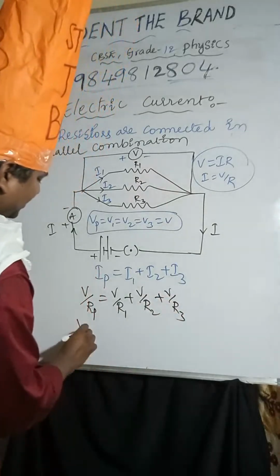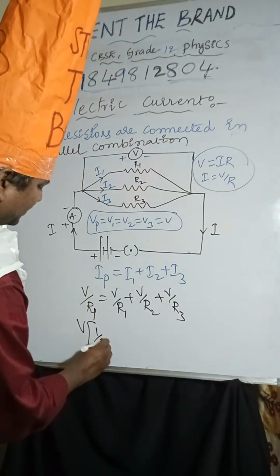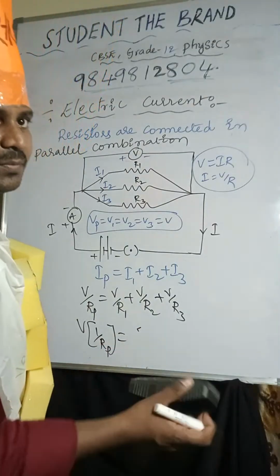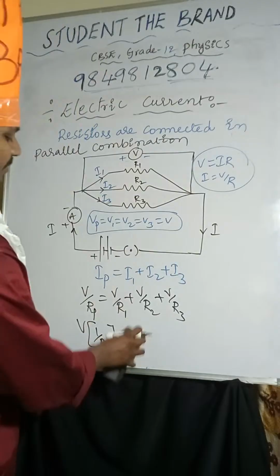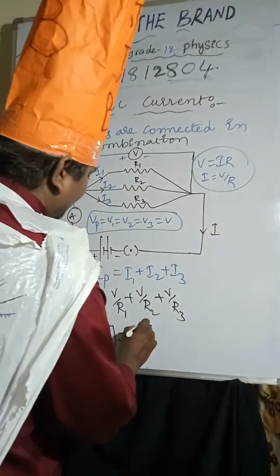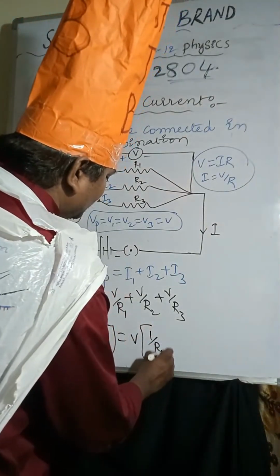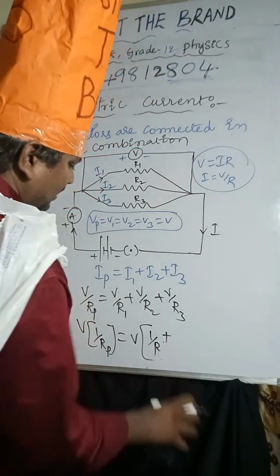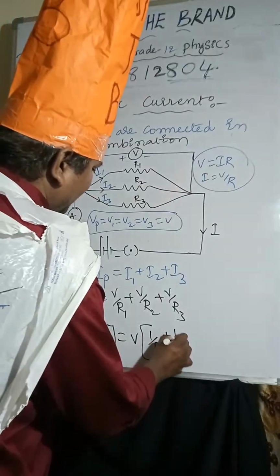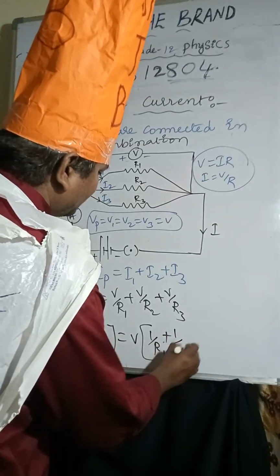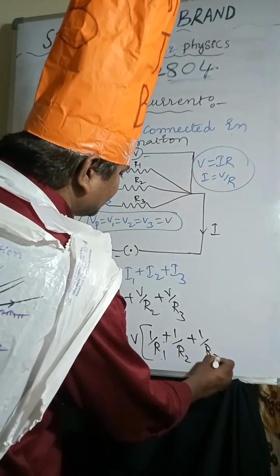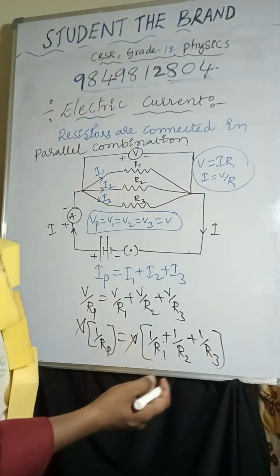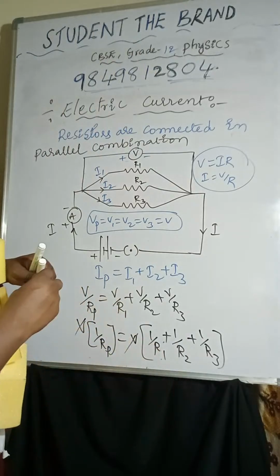So shall I take V common? 1 by Rp equal to 1 by R1 plus 1 by R2 plus 1 by R3, because I am taking V common. So V will get cancelled. 1 by Rp equal to 1 by R1 plus 1 by R2 plus 1 by R3.